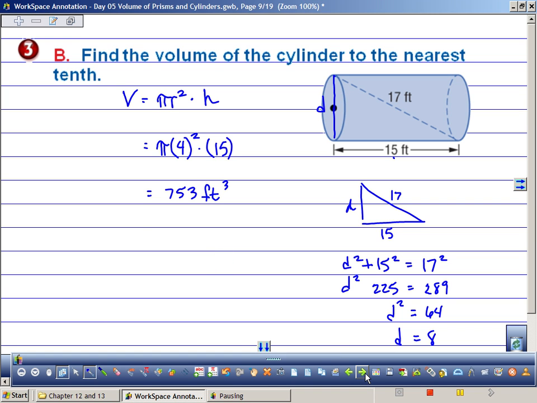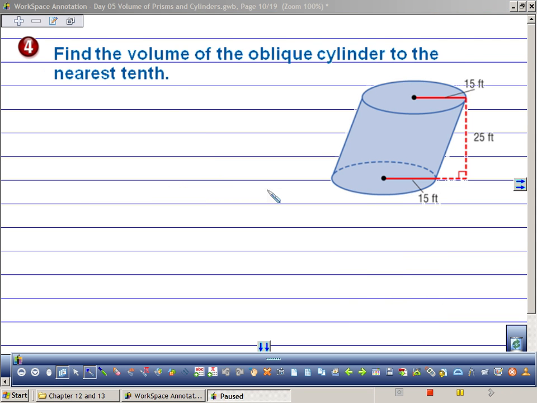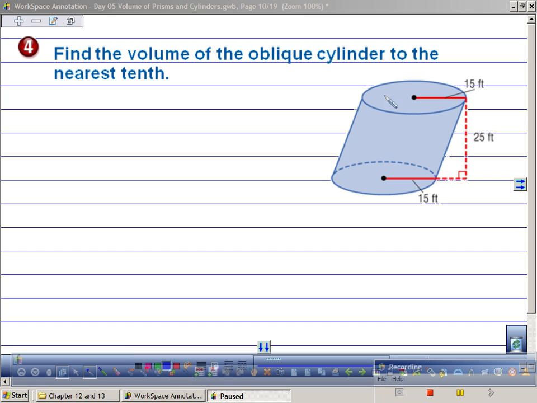Ready for the next one? Let's look at this. This is called an oblique cylinder. An oblique cylinder means that the bases are the same, but the figure is just slanted somewhat. Let's go back to our original example.